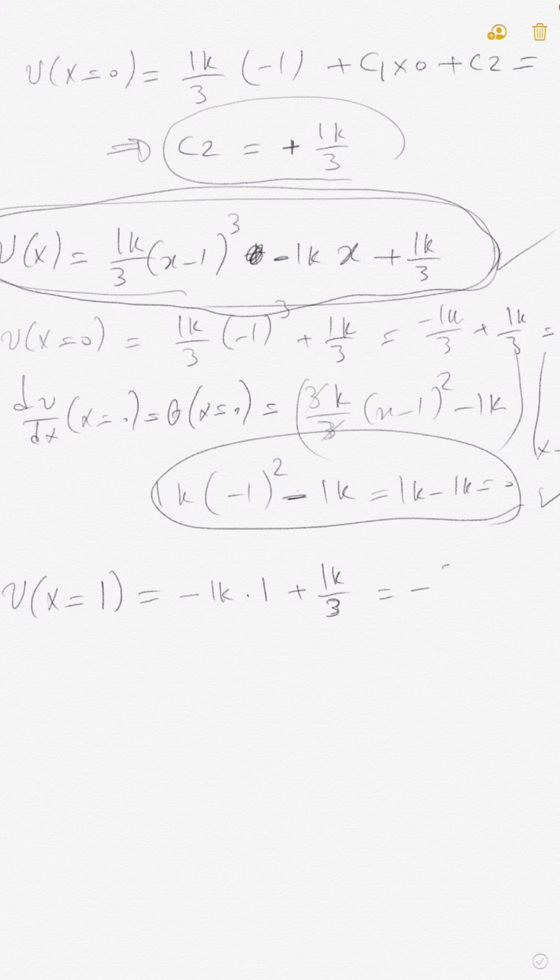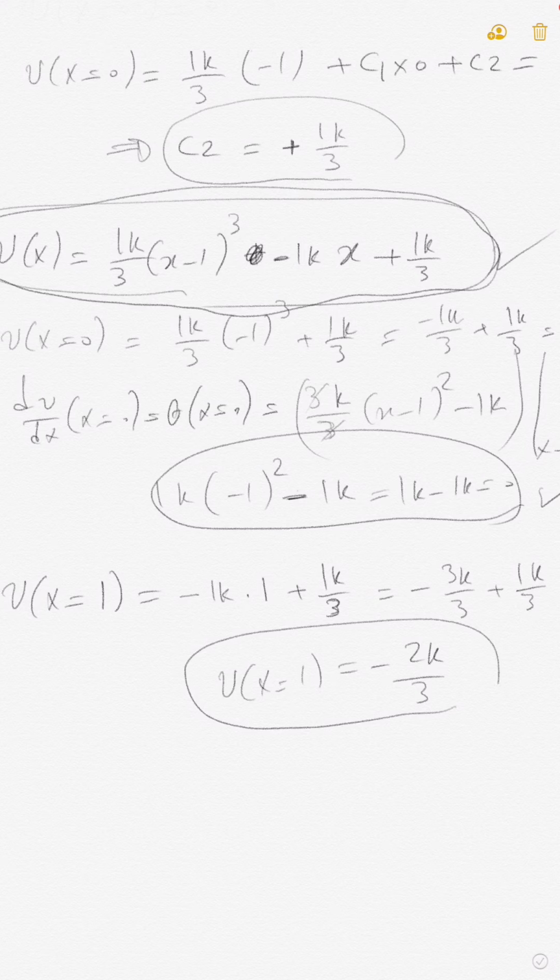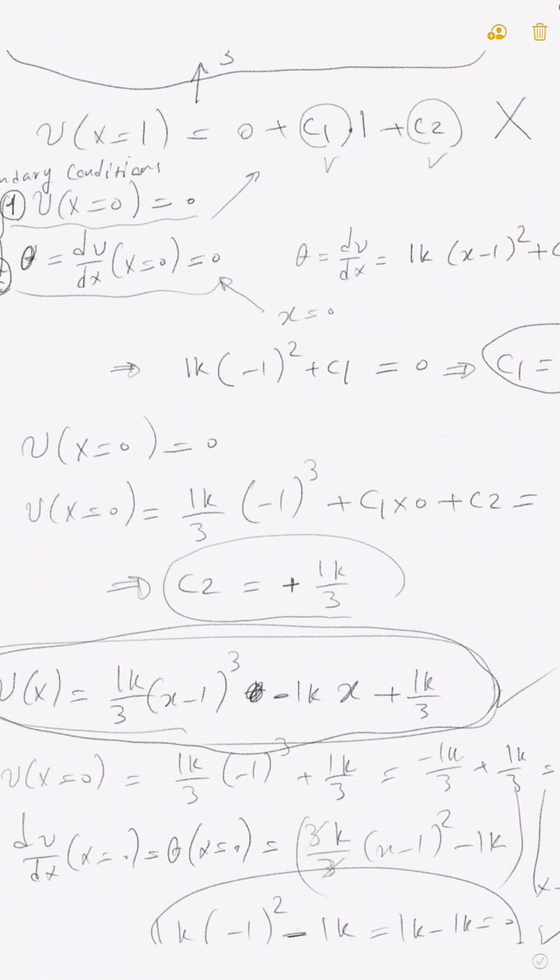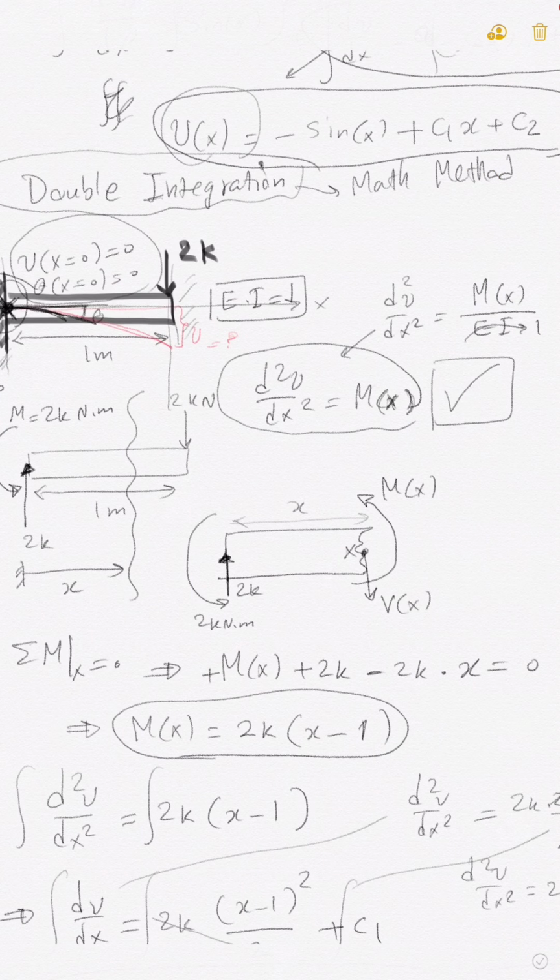So this becomes negative 3k over 3 plus 1k over 3, which is negative 2k over 3. Right? So that's your deflection at point 1. So that's the final answer. Look, it's negative. Why? Look at the picture. Well, it goes down. You see here? It goes down. That's the reason it's negative.